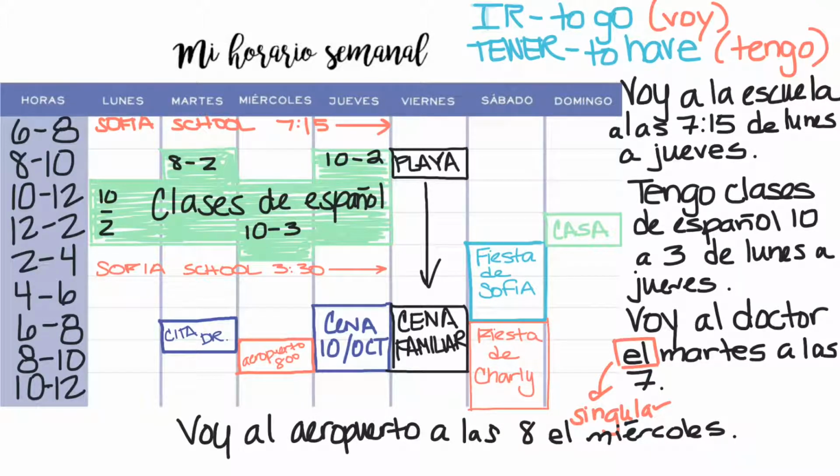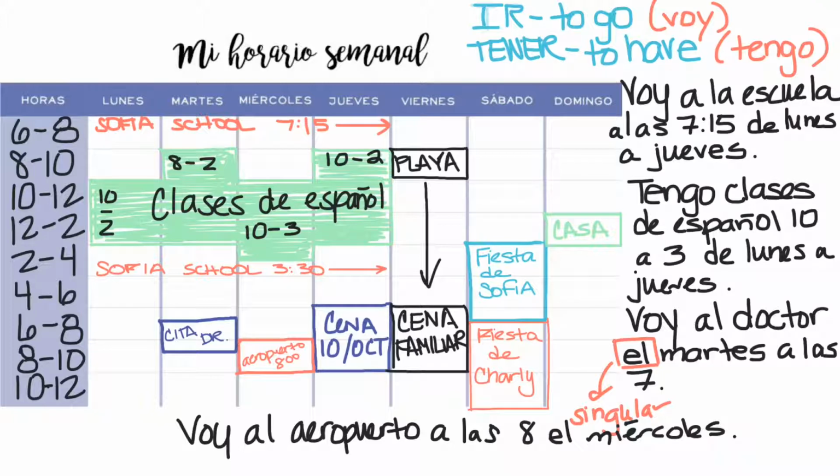I can change the time, put the time first and the day last. It doesn't matter as long as your grammar is correct. And I would continue to do this to say I'm going to the cena familiar, voy a la playa, voy a la fiesta, and voy a la casa to finish off the week.